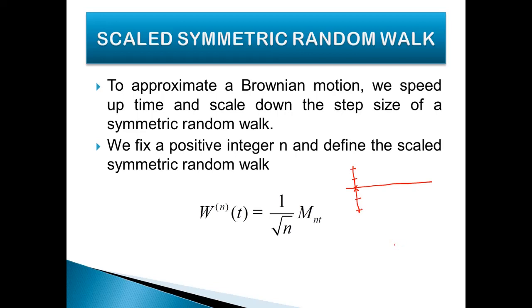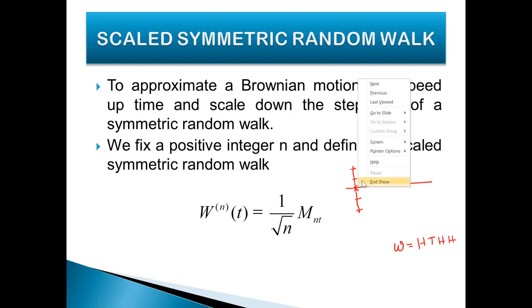Suppose we have a random experiment and we get H T H H. That means H means 1, and T means minus 1, so we have 1, minus 1, 1, 1 and so on.